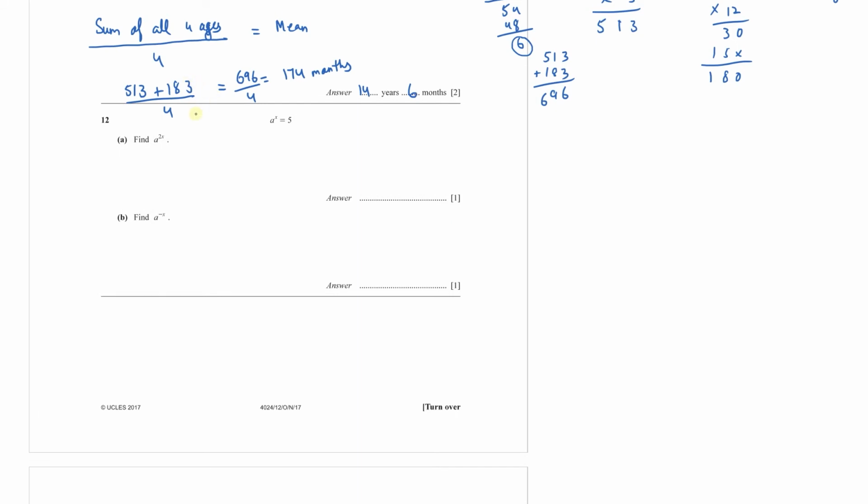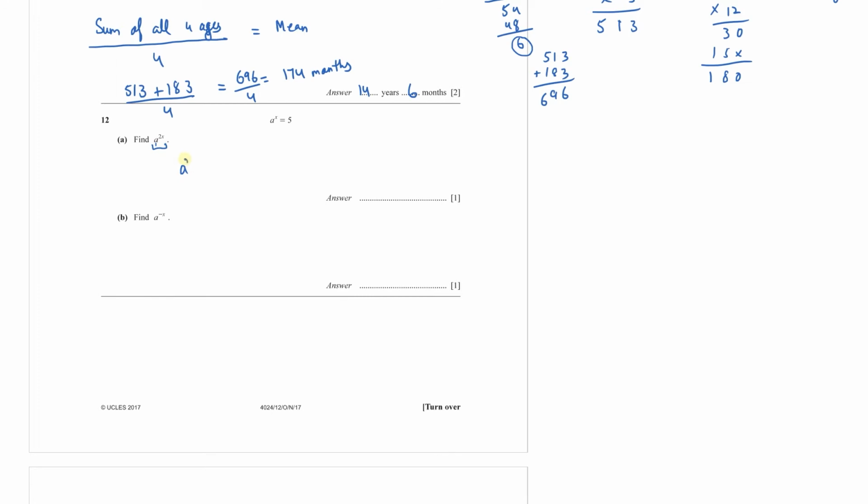So let's move on to question number 12. a power x is given as 5. So you have to find a power 2x. So your given value is a power x, so I have to express this in terms of a power x, so that once I have this expression, I can substitute the value 5 in place of a power x. So how can you write a power 2x in terms of a power x?